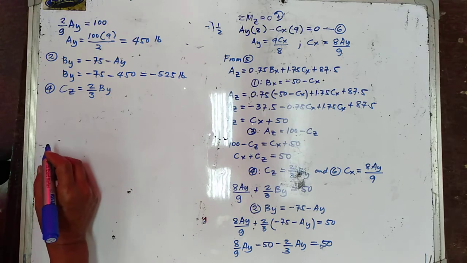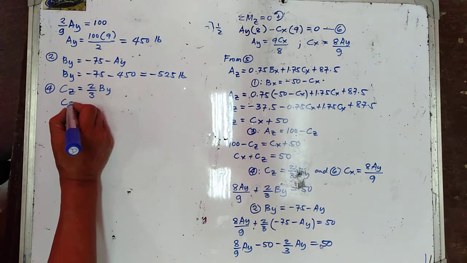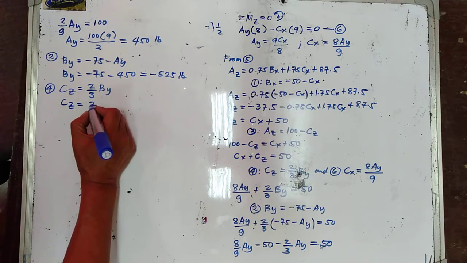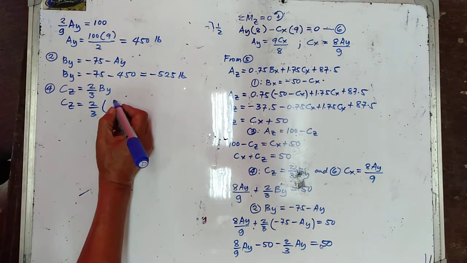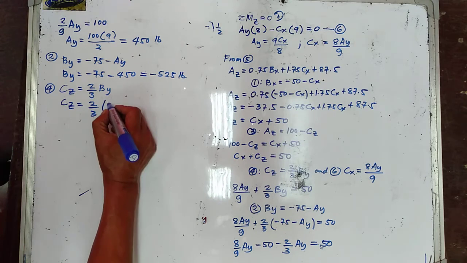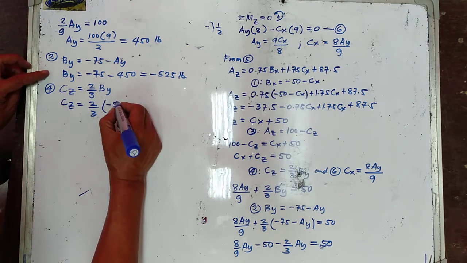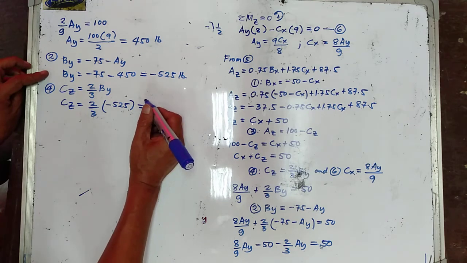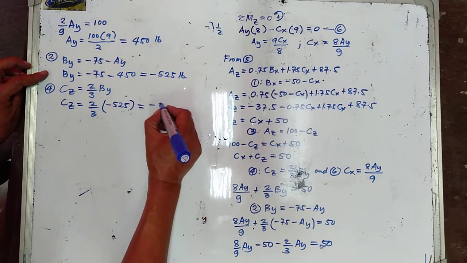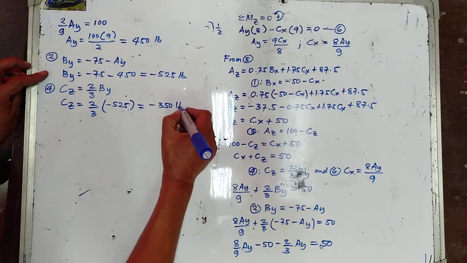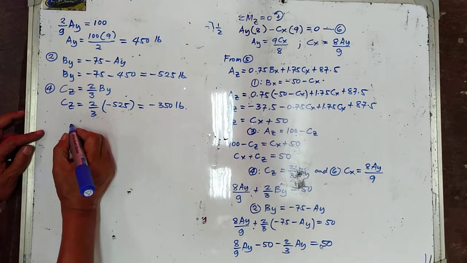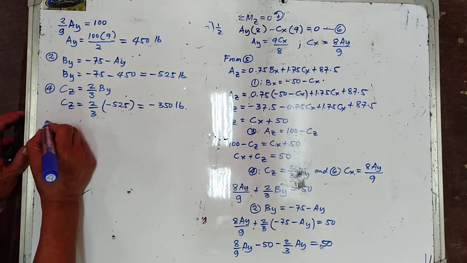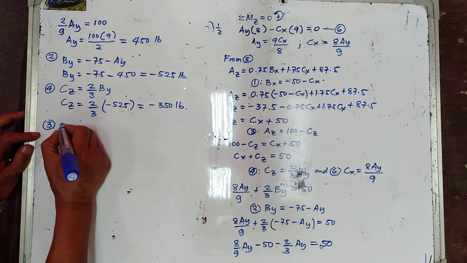So your CZ is equal to 2/3 of negative 525. So your CZ is therefore equal to negative 350 pounds. Now, let's go back to equation 3.